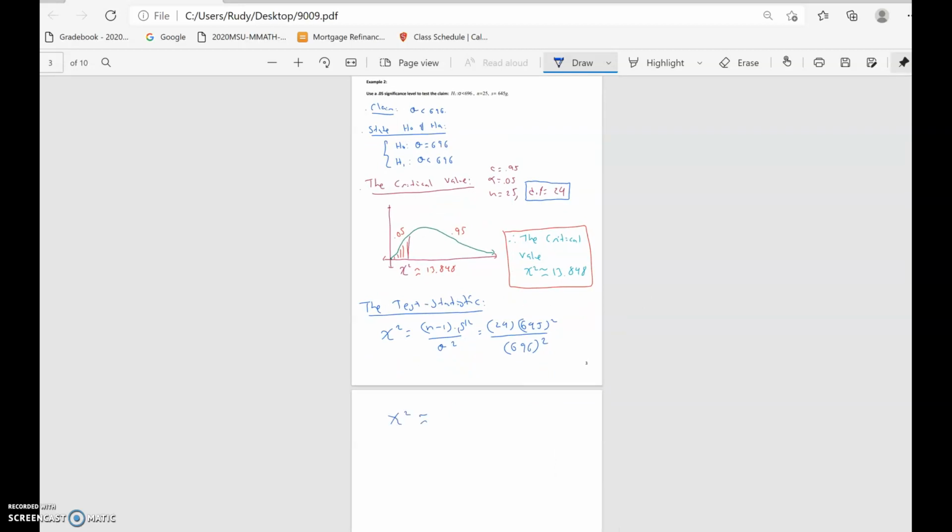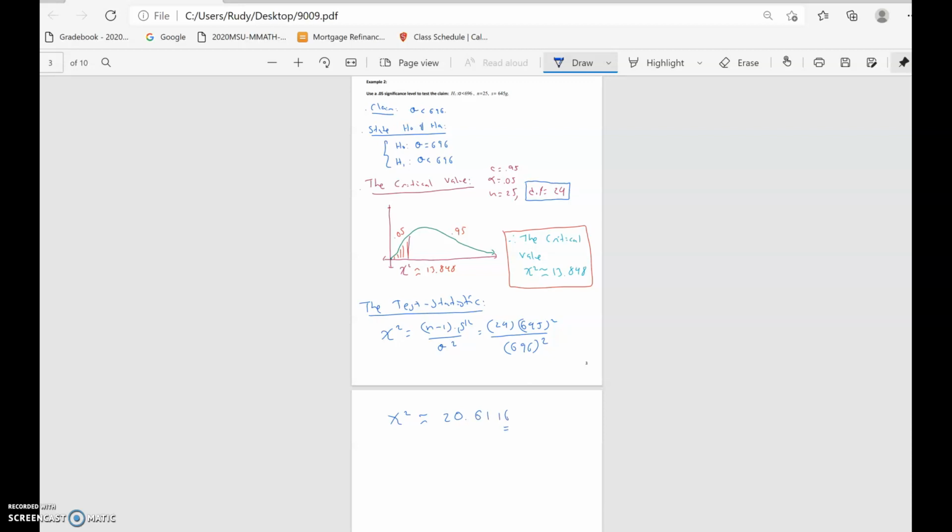So that our chi-square value ends up being the following. 24 times 645 squared, divided by sigma squared, 696 squared. I'm getting that this is 20.6116.